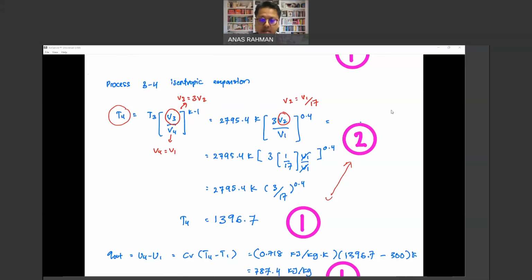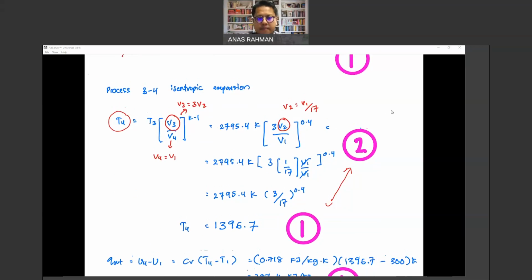But if you notice, I gave 3 marks here. Why? Because it's a bit tricky. If you look at V3 over V4, the majority of the students try to find the exact value of volume 3 and volume 4 in order to solve this problem.